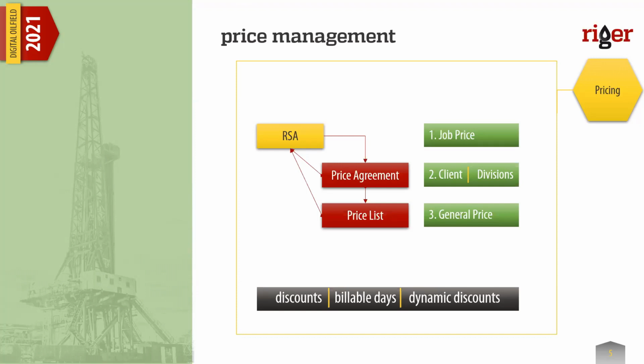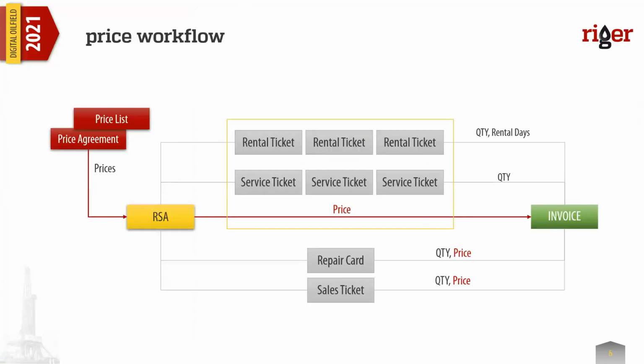But in terms of automation, when you set up a rental service agreement with a new customer, or an existing customer but a new job, the prices are automatically taken from the price list, or from the price agreement if there is one with this client. The price agreement has higher priority in terms of pricing, and it will be applied automatically.